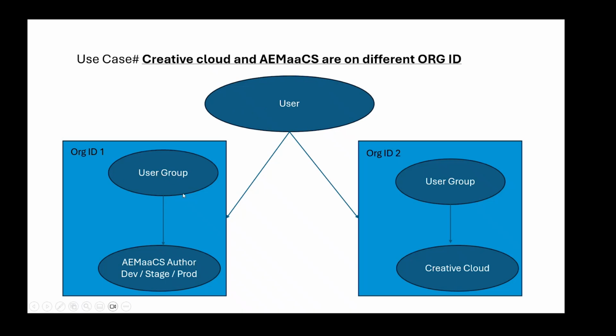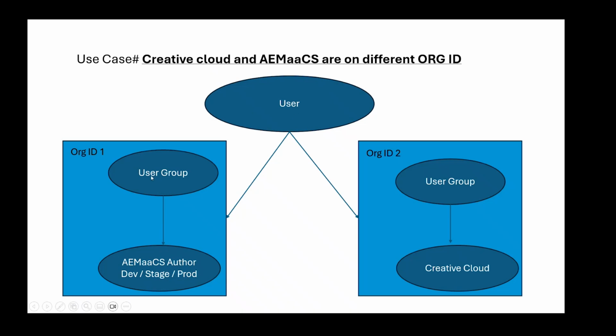And that group should be associated with your product. It could be your asset authoring instance, dev, stage, and production. It could be any, or you can provide all of the access to that particular group or just one. So it totally depends on your business scenario.